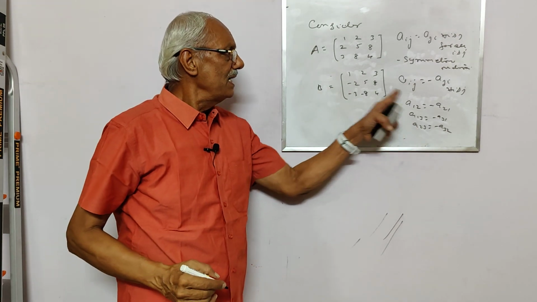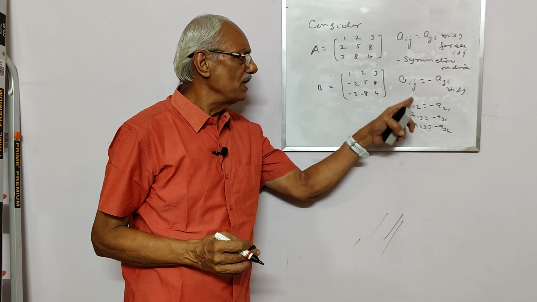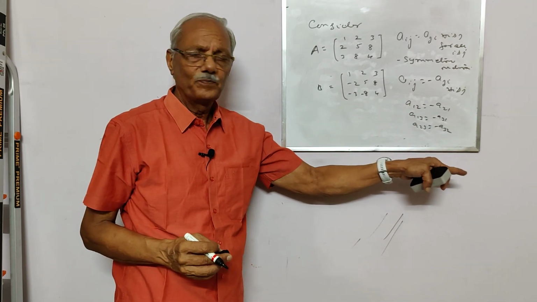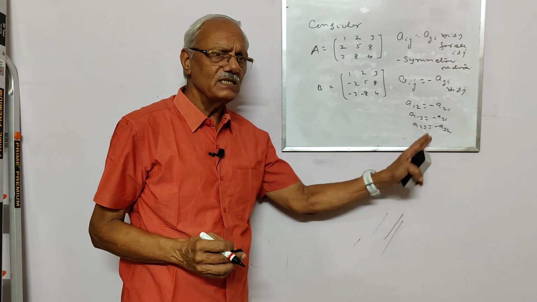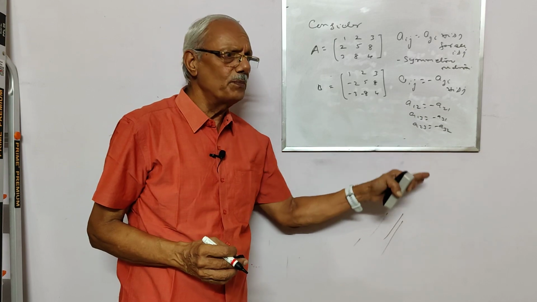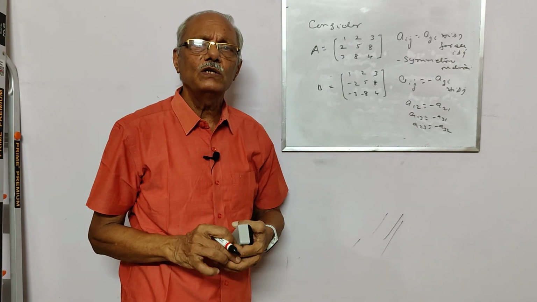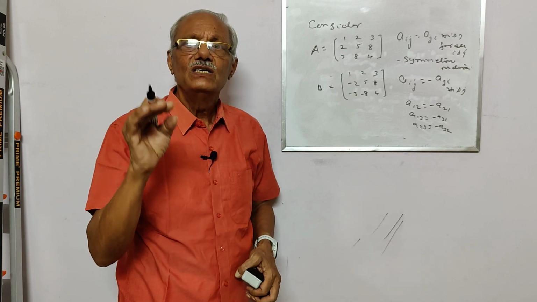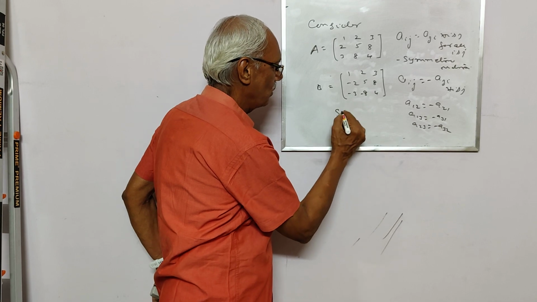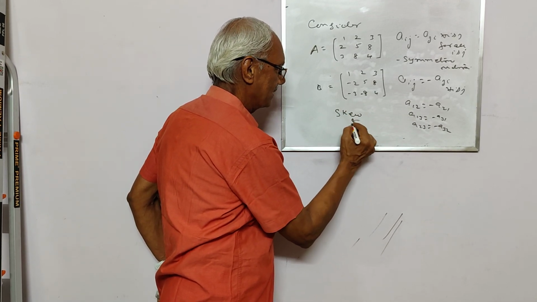Now you see that here it so happens that the element A12 is the negative of the element A21. Likewise, A13 is equal to minus A31. So a matrix in which this particular property holds good, we call such a matrix a skew symmetric matrix.